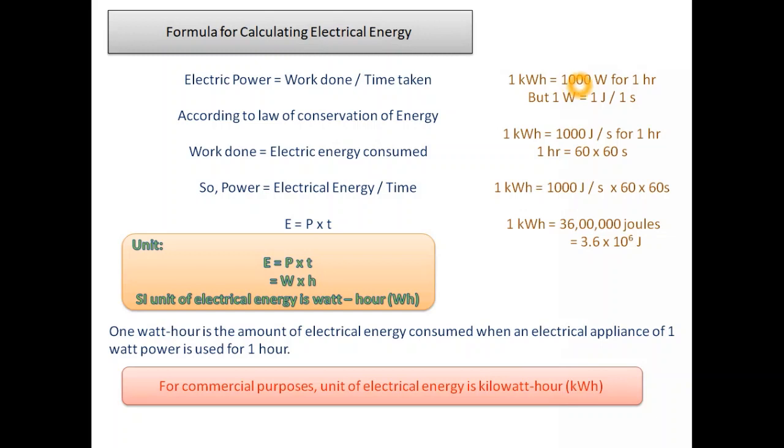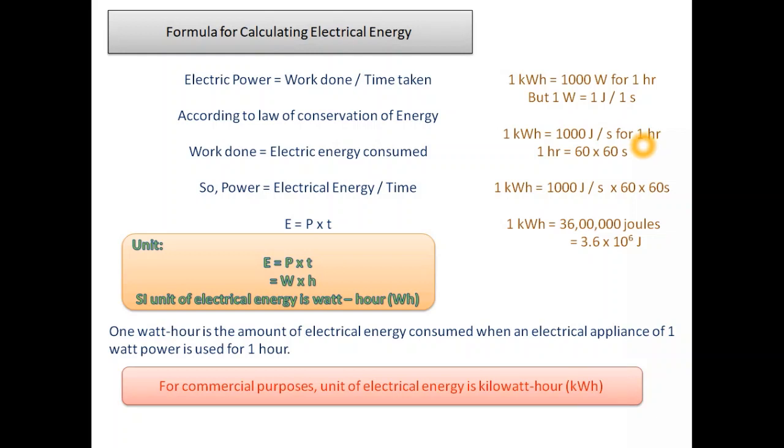So that is energy consumed at the rate of 1000 watts for 1 hour. Now we know that 1 watt is equal to 1 joule divided by 1 second, so for 1 watt we can write 1 joule divided by 1 second, then for 1 hour.